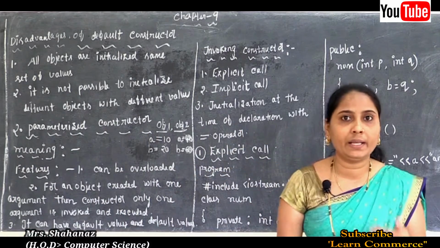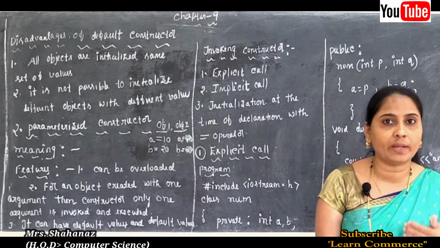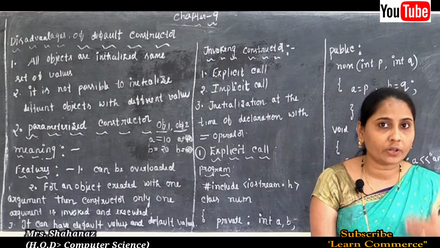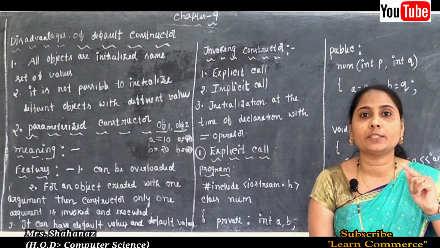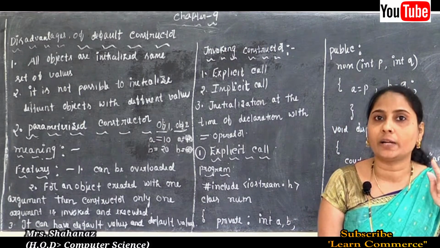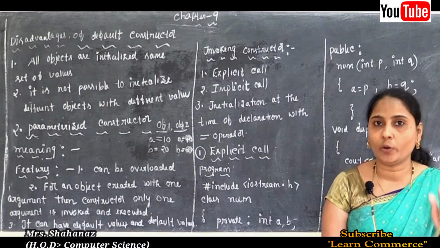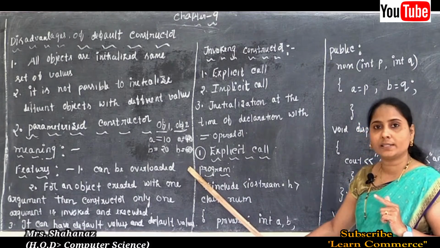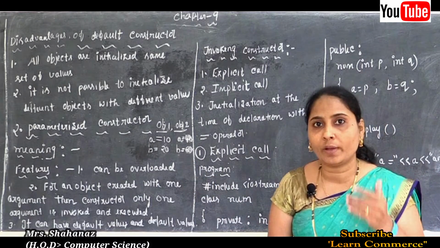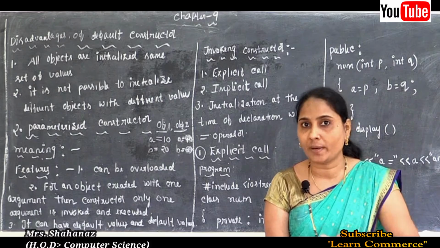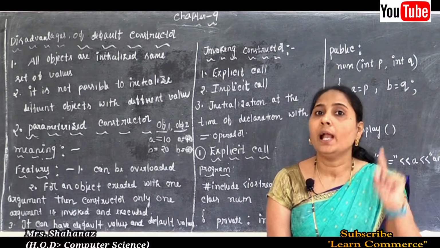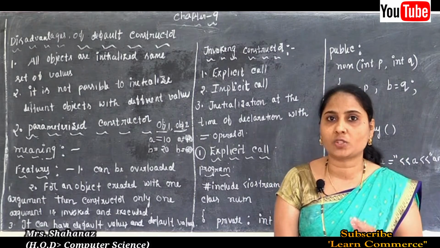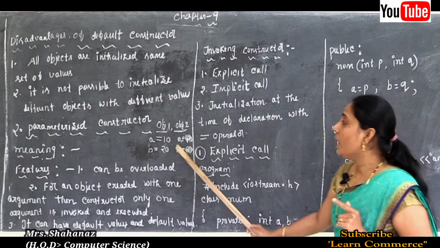That means whenever any object is going to be created with arguments, then such a parameterized constructor is automatically called or invoked by the compiler. So whenever any object with arguments is created, only at that time does the compiler call the constructor. This constructor is called the parameterized constructor.